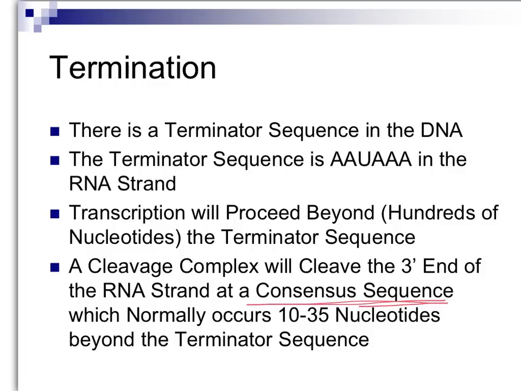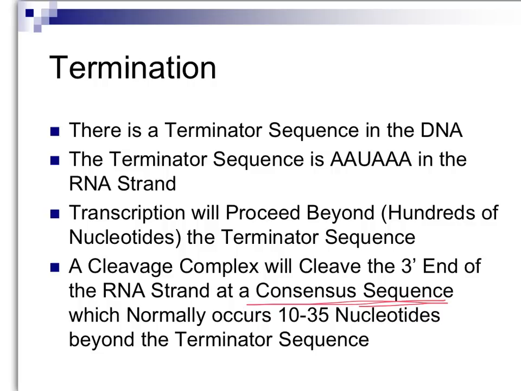That's usually somewhere between 10 and 35 nucleotides beyond the terminator sequence. It finds that consensus sequence and cuts at that particular site. That is why it's known as a cleavage complex.